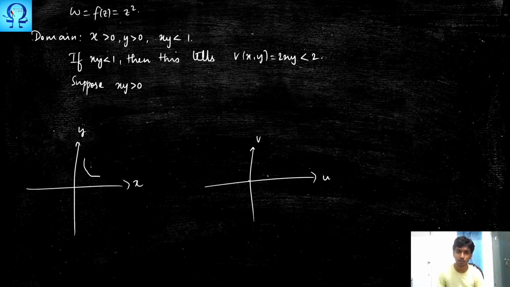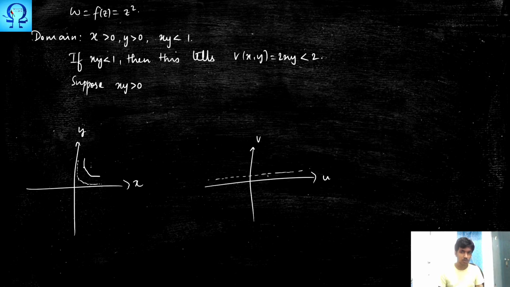Our v value will also be very close to 0. Somewhere here it is very close to 0. In this case, here we'll have this kind of a thing.